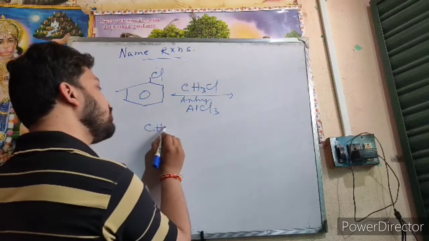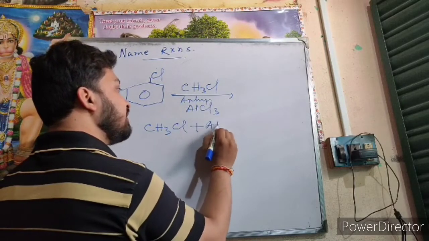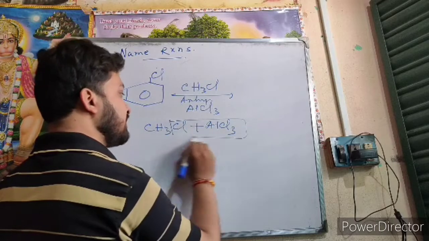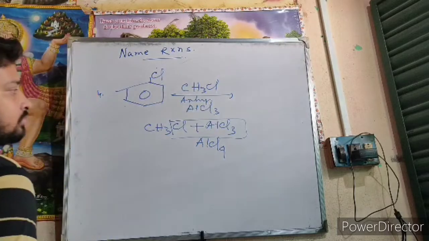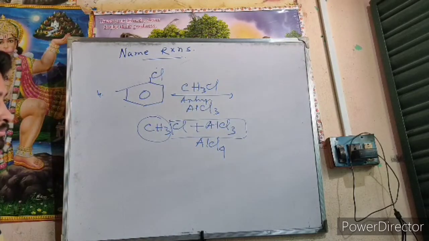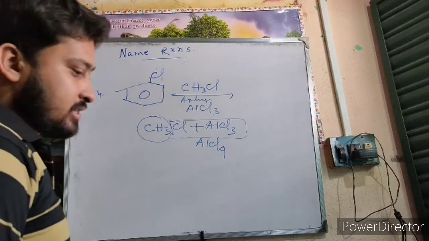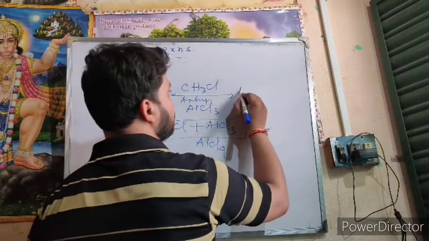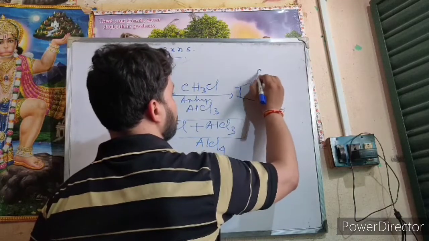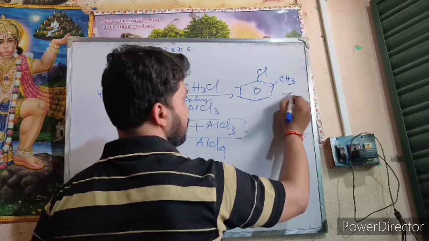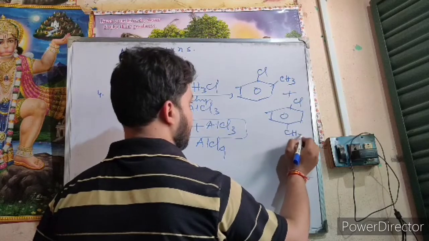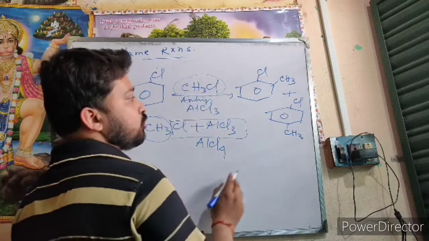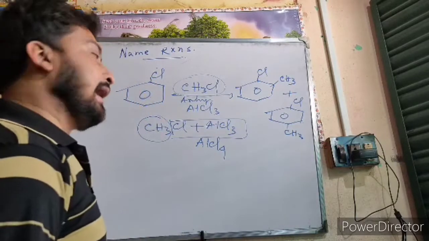So CH3Cl reacts with anhydrous AlCl3, and you get AlCl4 and CH3. So the CH3 attacks, and the product is the CH3-substituted chlorobenzene. This is a haloalkane, so this is Friedel-Crafts alkylation.